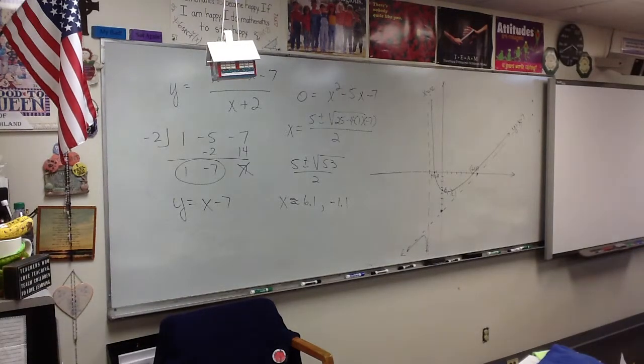It's 4 and 9. So it'd be x squared minus 4, x squared minus 9. So these two factors, 9 and 4, are factors of 36. So you're basically just doing a regular factoring problem.